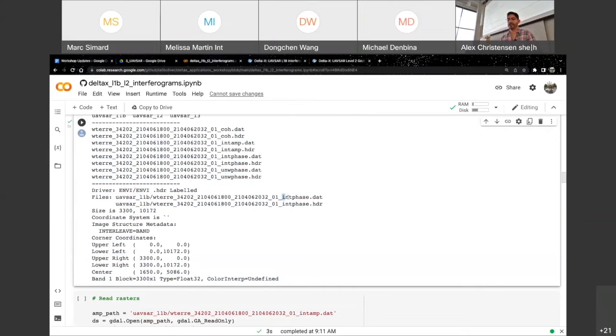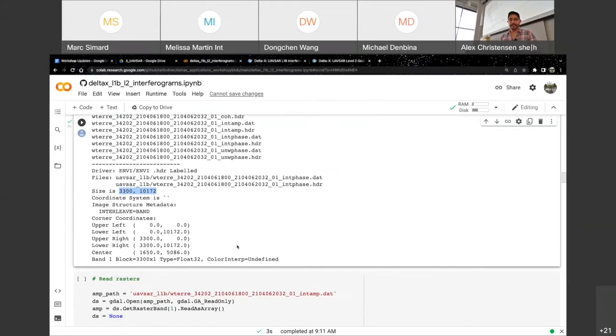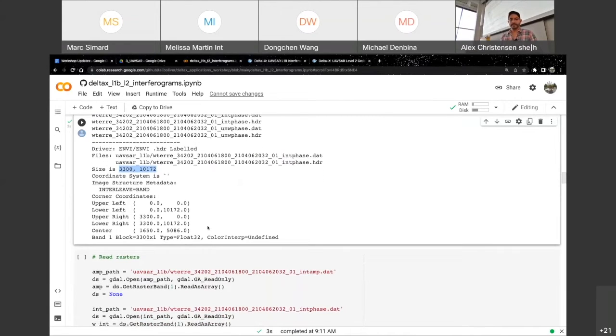In this case, I chose the interferometric phase. So we see that the size is 3,300 by 10,000. We see that we don't actually have, as I mentioned, a geocoded kind of reference. And then we have just the corner specifications, as well as the format of the data of this raster.